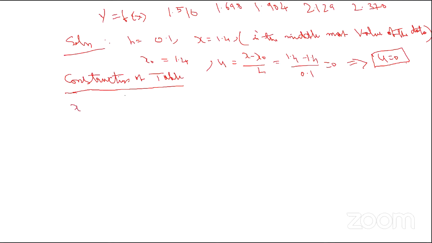Next, u equal to x minus 1.4 divided by 0.1. Then y. Next, delta y.